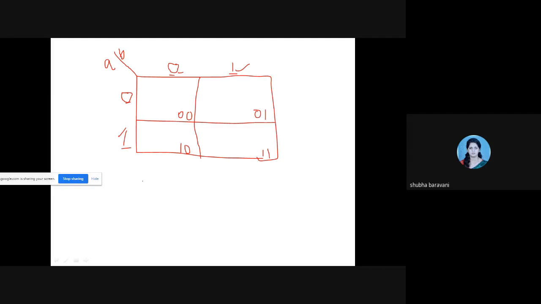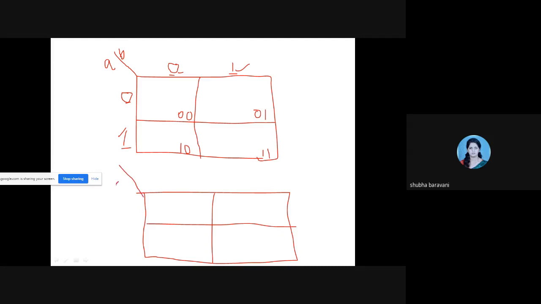Now the second way of representing the same truth table is, see, this step remains the same. Let me take this as A and this as B. This again is 0, 1, 0, 1.